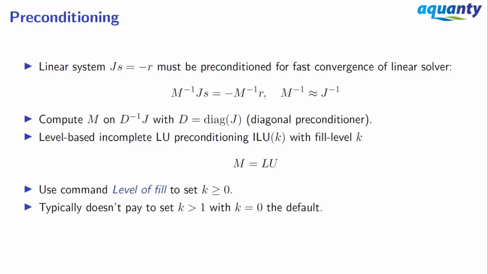The reason is that as you increase the fill level, the preconditioner becomes more dense. And so applying the preconditioner to the linear system requires more computational effort, which may slow down the solve phase.